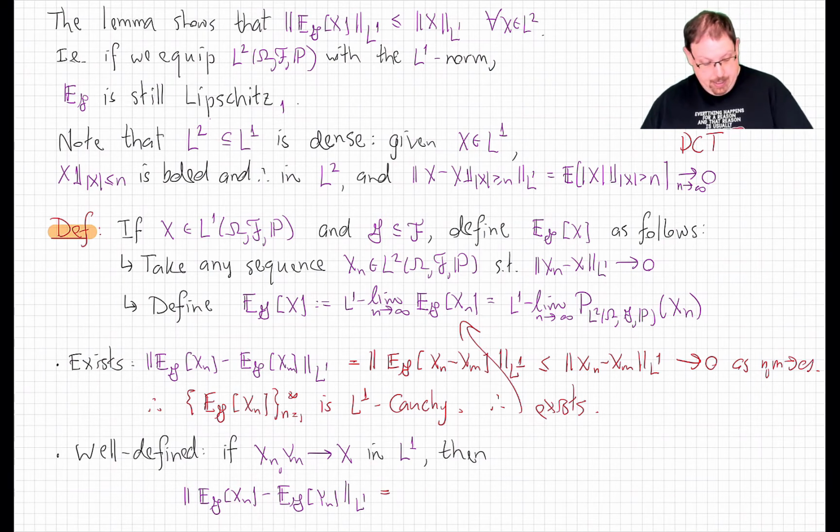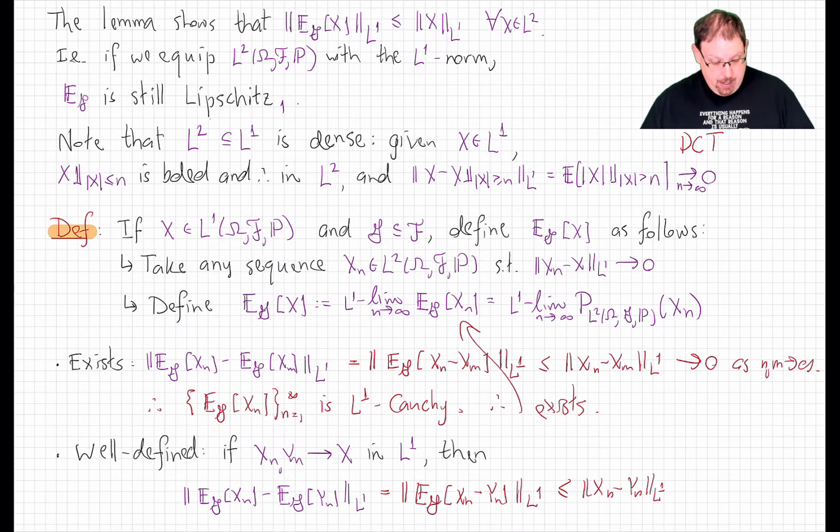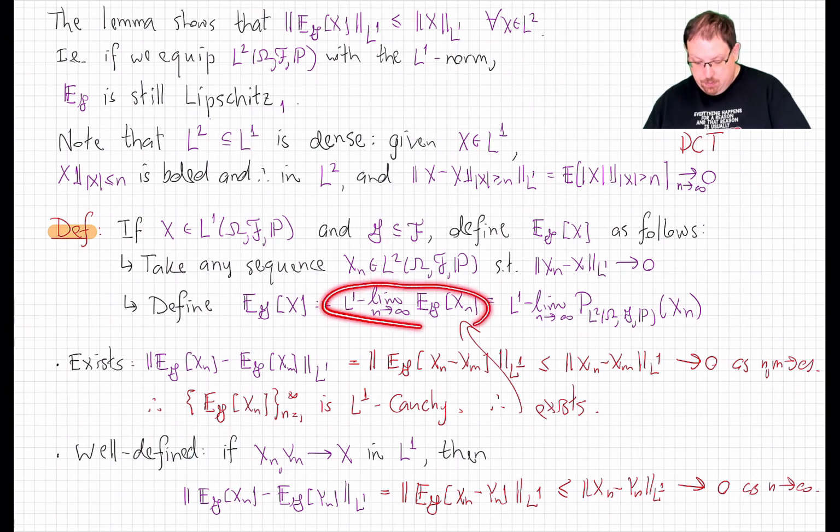By linearity, again, that's going to be the same thing as the L1 norm of the conditional expectation of the difference, which by the lemma on the last slide is less than or equal to the L1 norm of the distance between xn and yn. And because xn and yn both approximate the same vector x in L1 sense, that means that this will go to 0 as n goes to infinity. And that gives us our uniqueness as well. So this is well defined.